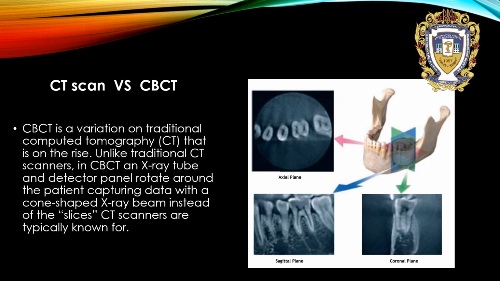Cone beam CT is a variation on traditional computed tomography that is on the rise. Unlike traditional CT scanners, in cone beam CT an X-ray tube and detector panel rotate around the patient, capturing data with a cone-shaped X-ray beam instead of the slice CT scanners are typically known for.